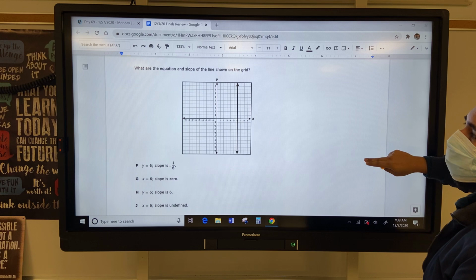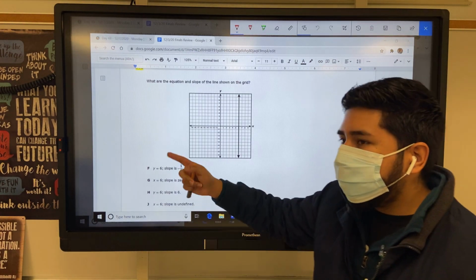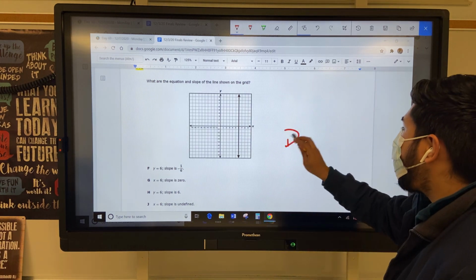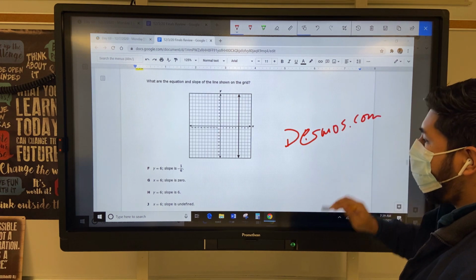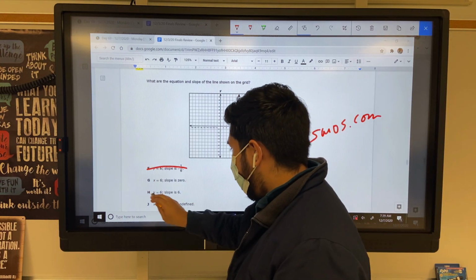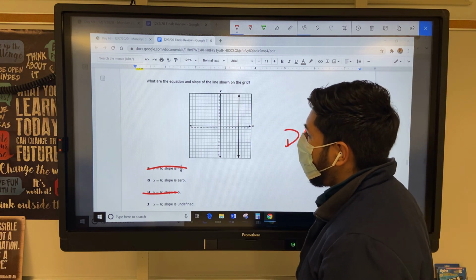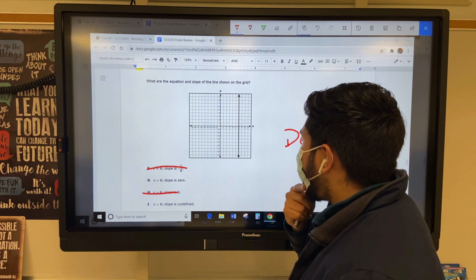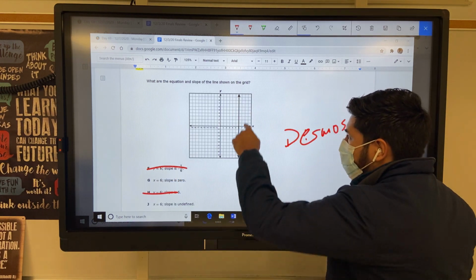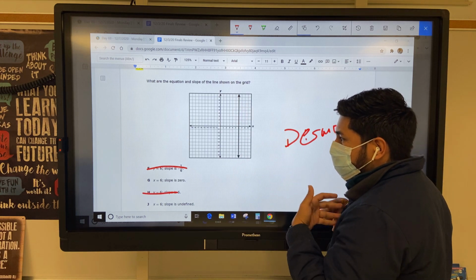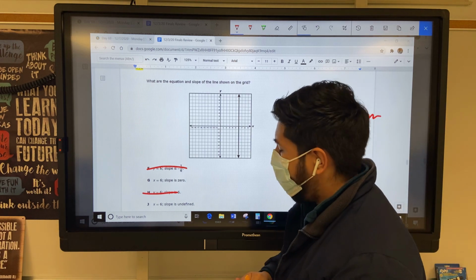Where we at? Almost done, almost done. Very straightforward. Put that into decimals. The only thing you got to remember, because it's not F or H, is that x equals 6 is a vertical line. Just need to remember the slope. How do I know what the slope is? Well, you could do a lot of things. You could take points from the line, put them into the slope formula, and you'll see that something happens.